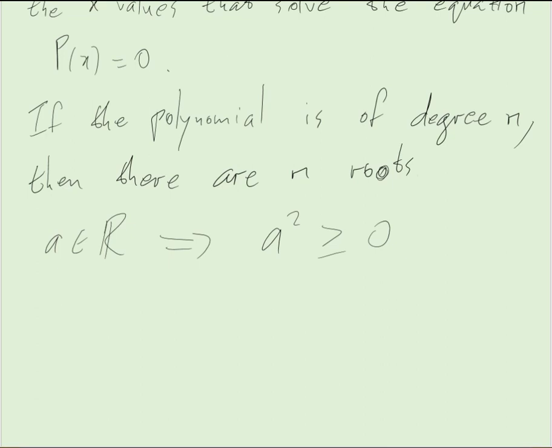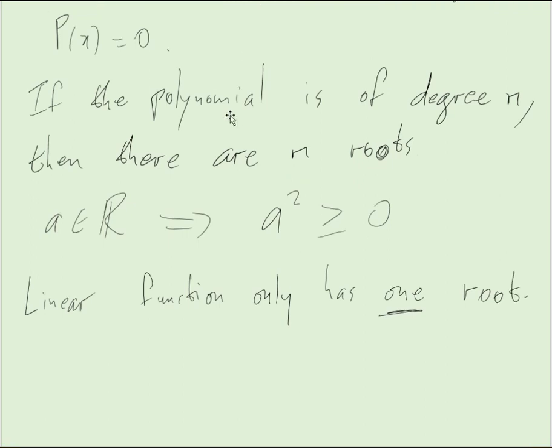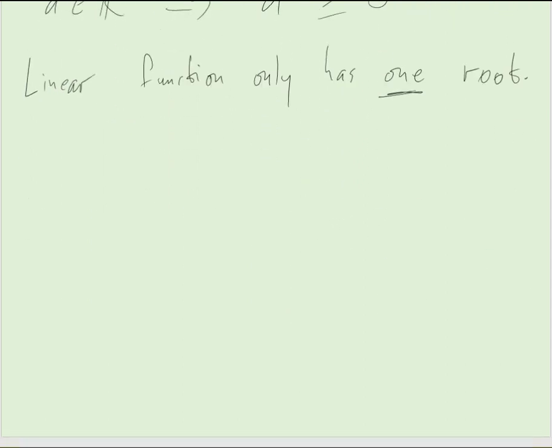Luckily for us, for a linear function, there's just one solution. So a linear function or linear polynomial only has one root. Now graphically, what this root is, this is where the graph that we eventually will draw, this is where the graph cuts the x-axis.